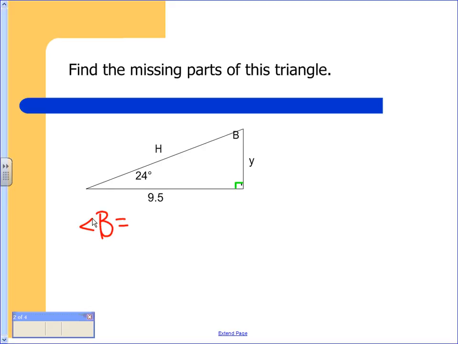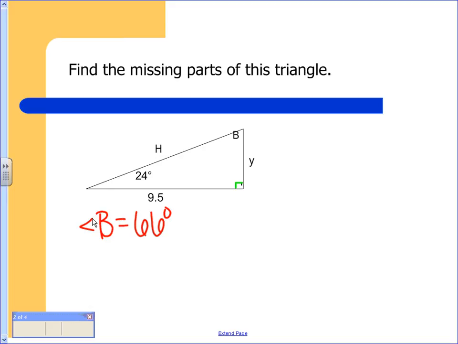No, it is not 114. How'd you get 66? 180 minus 24 minus 90. Does that make sense? Any questions on finding B?